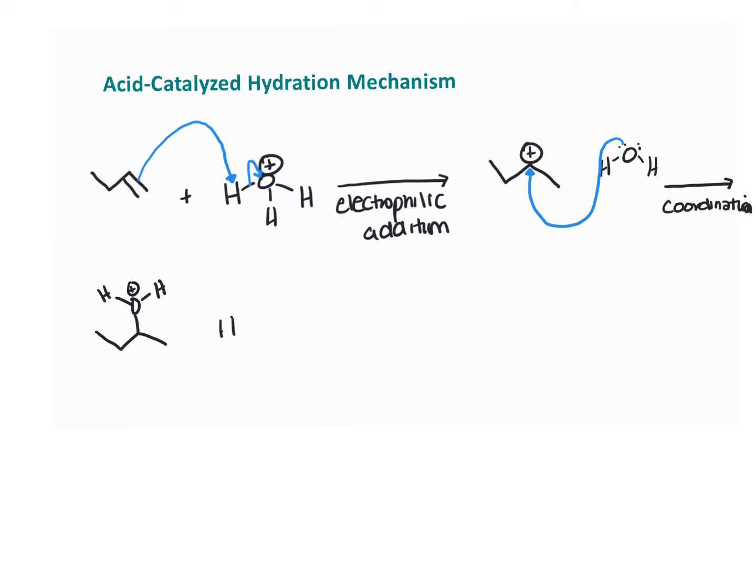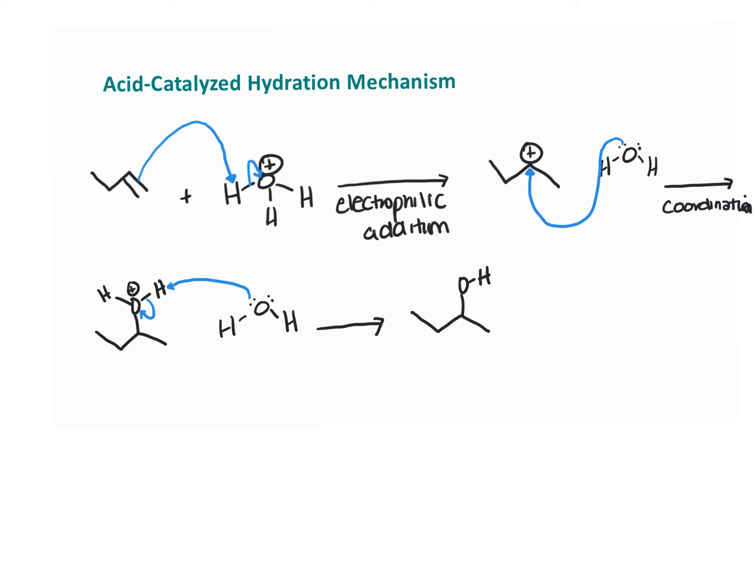Another water molecule, because remember there's lots of water molecules running around in this solution, is going to come in and it's going to undergo a proton transfer step where it removes this proton, those electrons go there, right? And so you end up with your alcohol, okay?